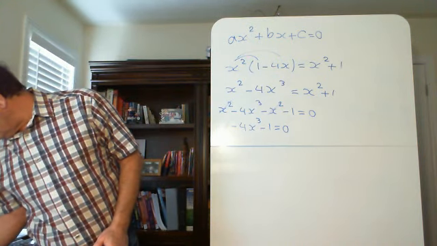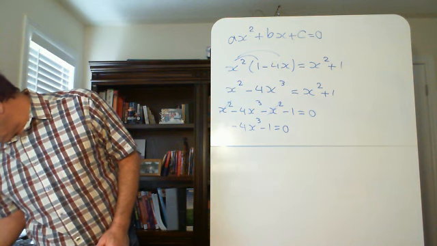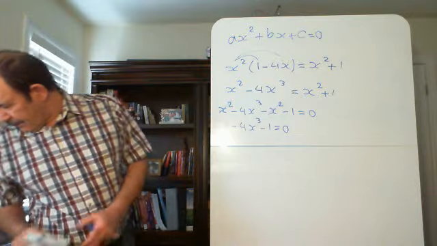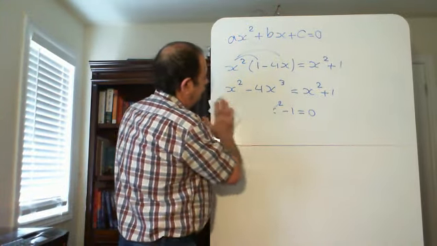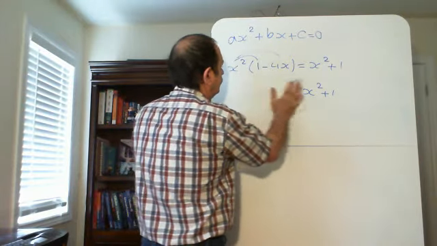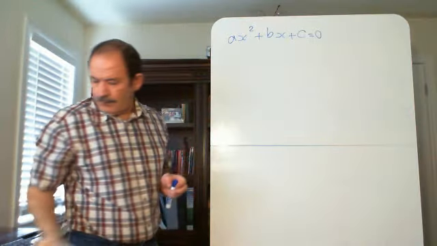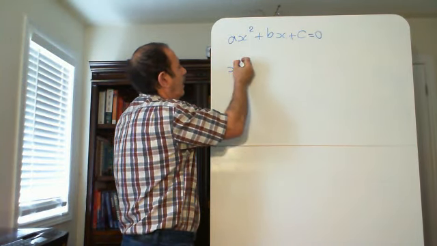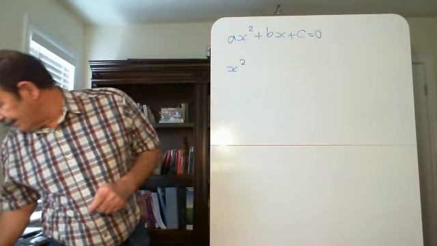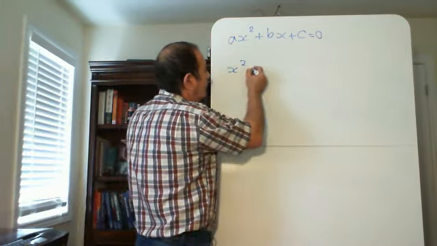One more example. x squared is equal to x minus 1 to the power of 2.